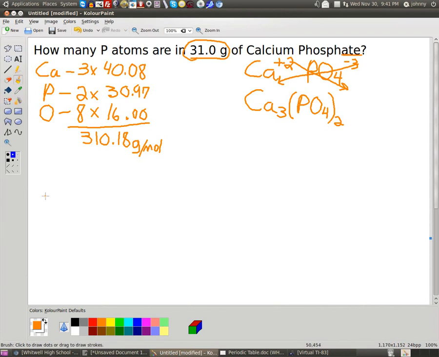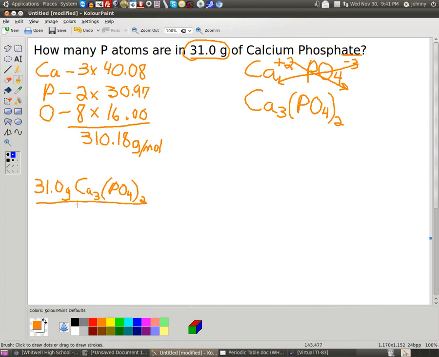First thing we're going to do is write down 31.0 grams of the Ca3(PO4)2, and that's my given amount.